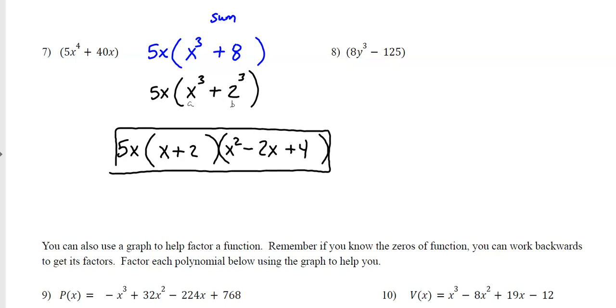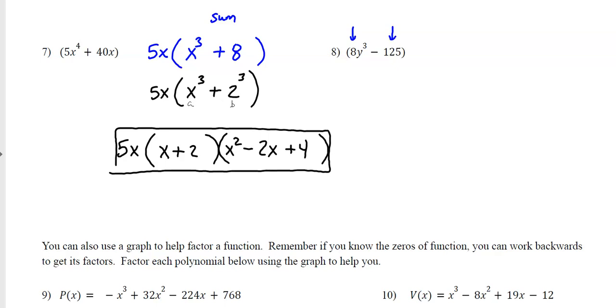All right, this number 8 is a little bit trickier because I can't pull a number out of 8 and 125. There are no common factors there. So I got to be kind of slick about how I write this. Well, I do notice that this number and this number are both perfect cubes.